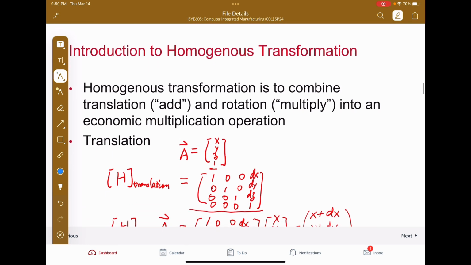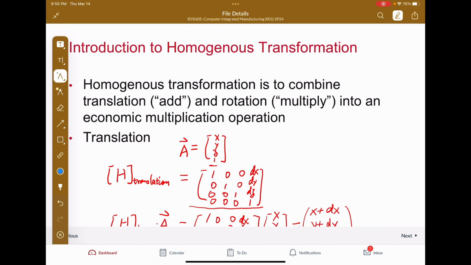The next part is the introduction to the homogeneous transformation. In the previous slides, we mentioned two transforms. One is the translation, and another is rotation. For the translation, we need to add another matrix, which is a 3×1: dx, dy, and dz.